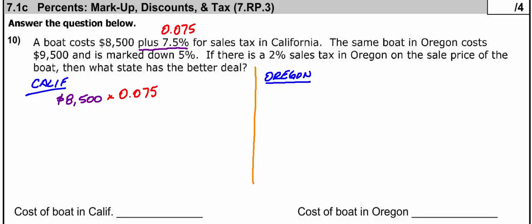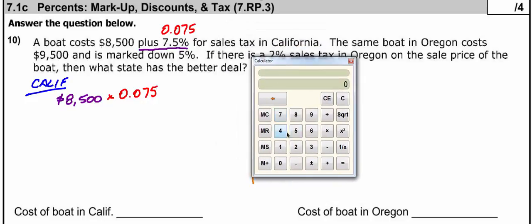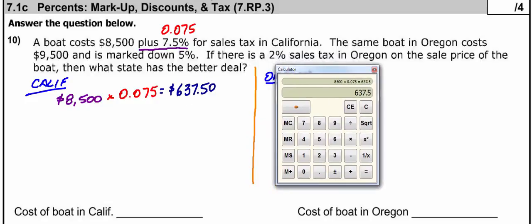Let's grab our calculator. 8,500 times 0.075 comes out to 600, let me fix my 6 there, kind of an ugly 6. $637.50. That is the amount of tax.